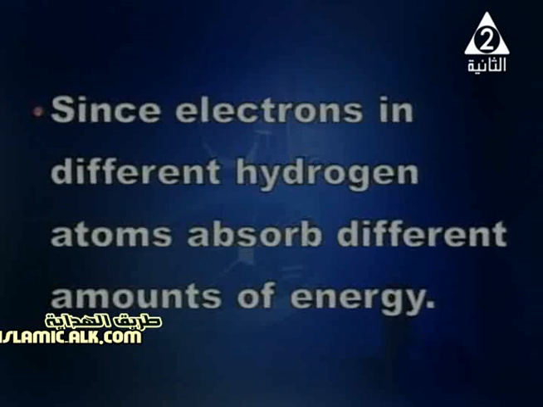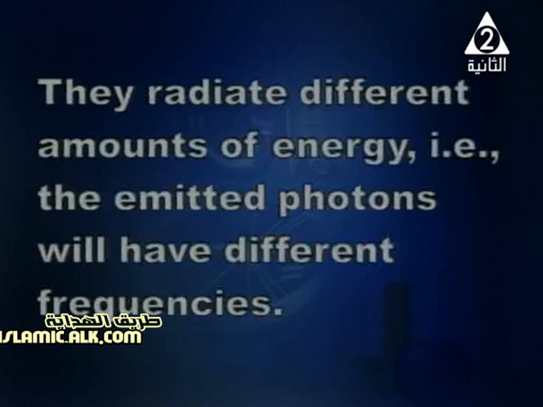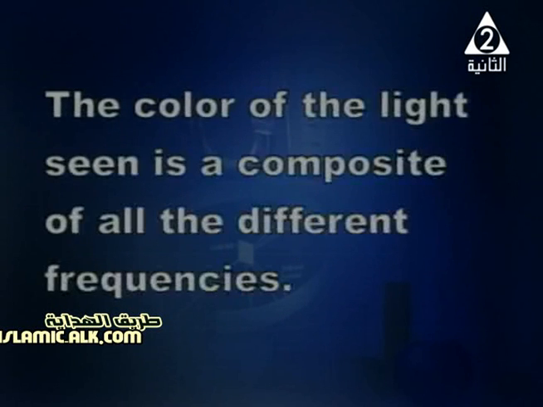Since electrons in different hydrogen atoms absorb different amounts of energy, they radiate different amounts of energy. The emitted photons will have different frequencies. The color of the light seen is a composite of all the different frequencies.